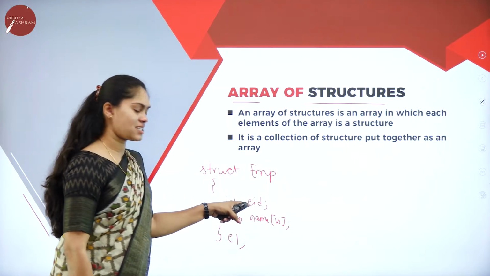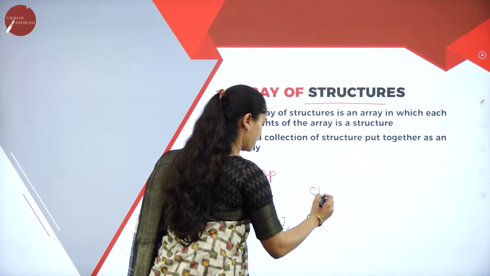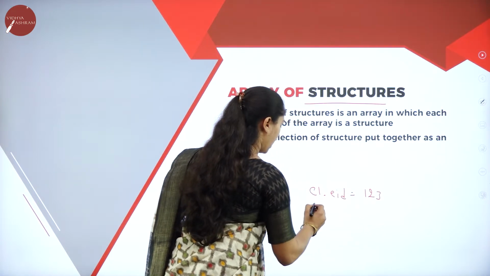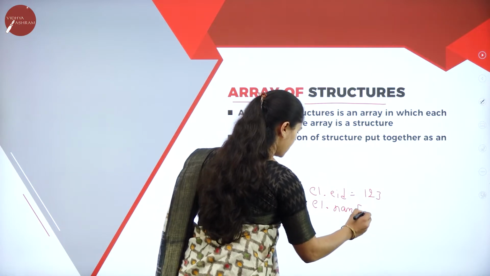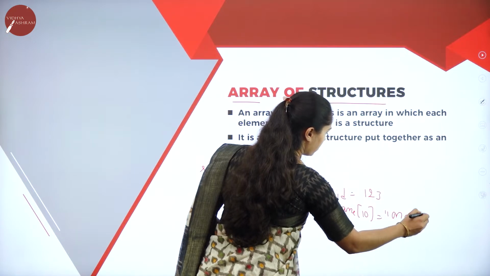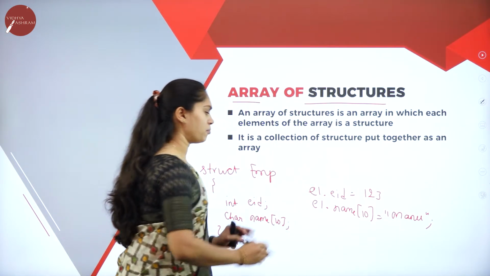How am I going to access the employee ID? With the help of this e1 variable, that is e1.employeeID. I can give that as 123, and I have one more member, e1.name of size 10. Let me consider that as Manu. Then this will hold the details of employee 1.